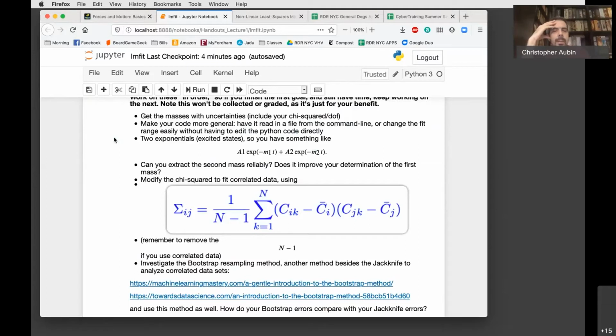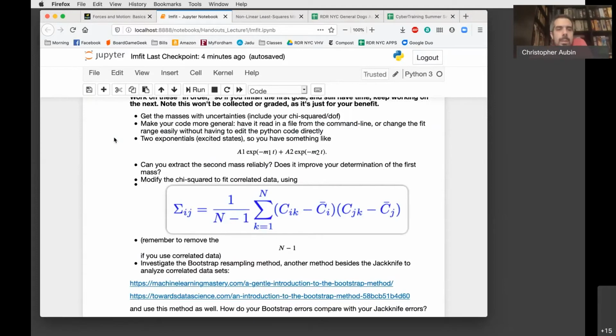The harder part with using LMFit is the fitting to correlated data using that correlation matrix that I described here. You can create that correlation matrix when you read in the data, and that's a little bit of a hassle. But once you do that, you also have to change exactly how the chi-squared works.